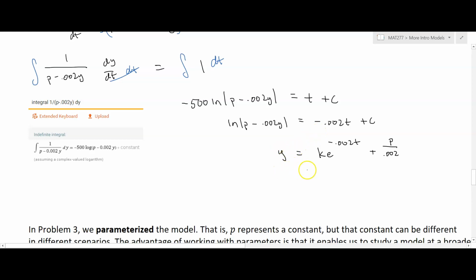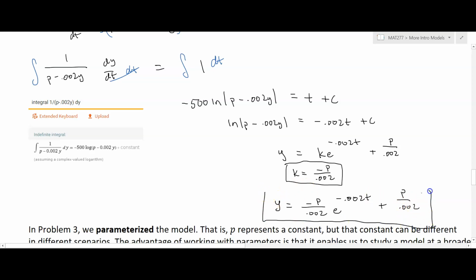And now we would plug in our initial conditions, and we would get k equals negative P over 0.002. So again, you can go ahead and verify that, plug in 0 for y, plug in 0 for t, solve for k. And now our final equation ends up being y equals negative P over 0.002 e to the negative 0.002t plus P over 0.002.